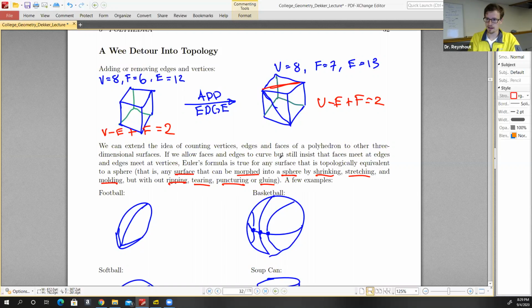So if you had a ball of Play-Doh, anything that you can make that ball of Play-Doh into without ripping it, without poking your finger through it, and you can't really glue Play-Doh together, but if you were to put two pieces together, they would stick, so you don't want to do that. Anything that you could just mold it into would be topologically equivalent to a sphere.